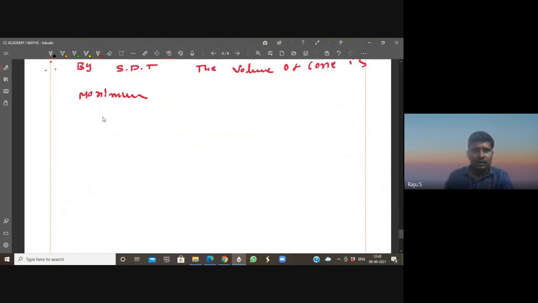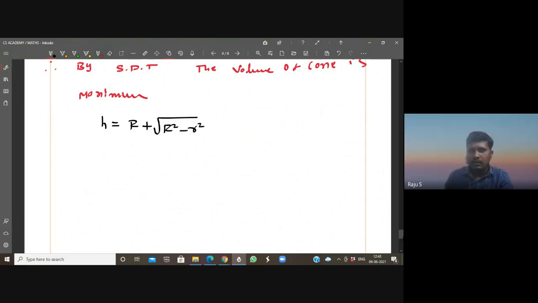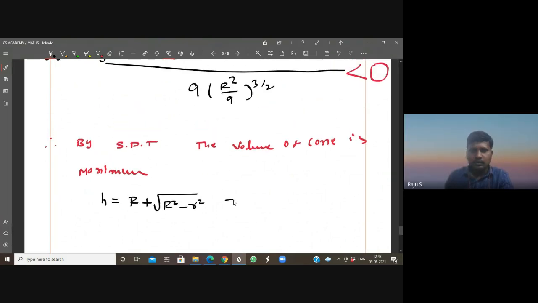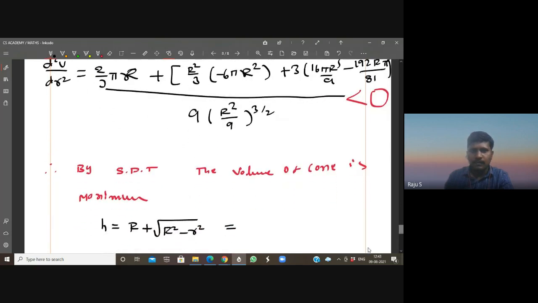h is clearly equal to capital R plus root over capital R square minus what is small r square? 8 by 9 capital R square.